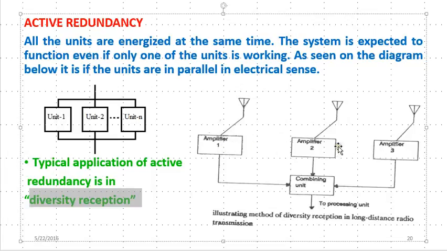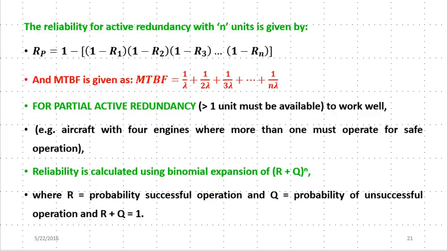After amplification, the outputs are delivered to a combining unit. The function of this unit is to accept all 3 of them and look at which one is stronger than the others. It will select the stronger one and pass it to the next stage for processing. So as we can see, even if one failed, still 2 are working. Even if 2 fail, at least the last one is working, and that increases the reliability of the system.